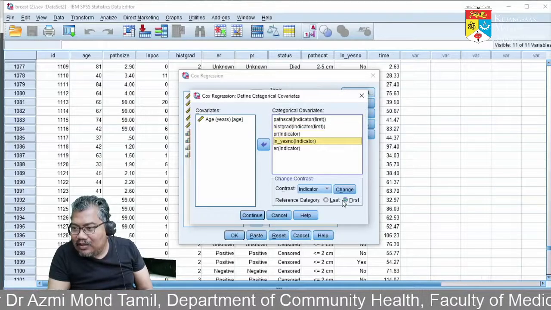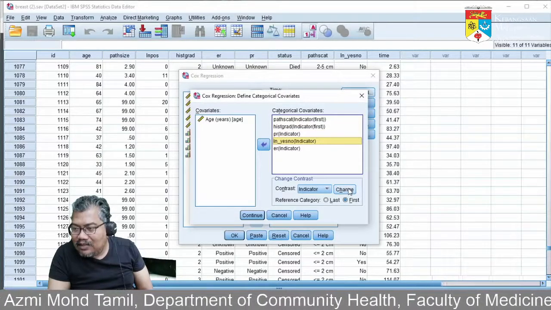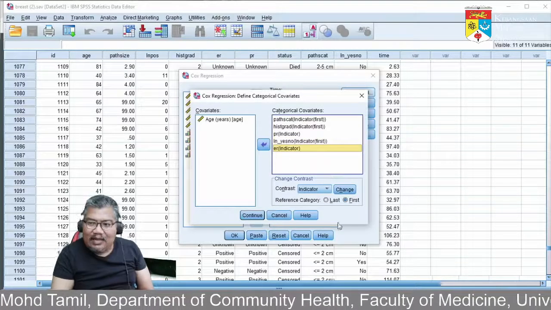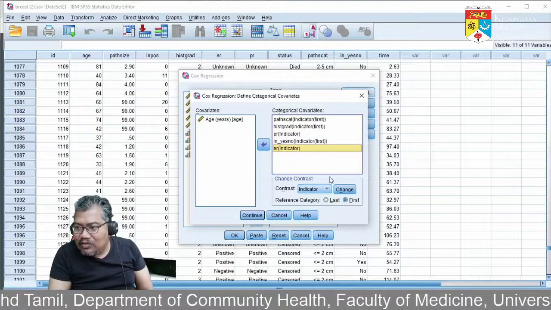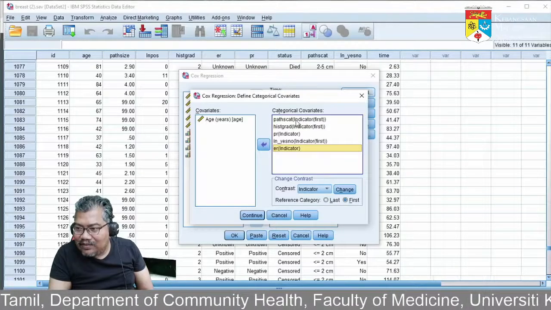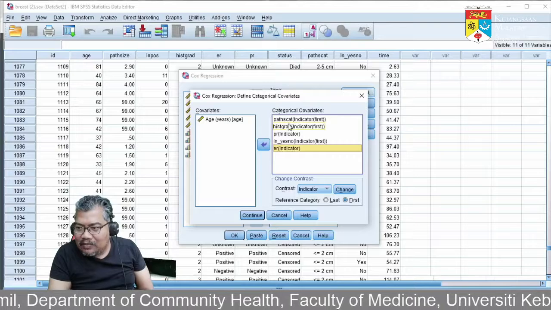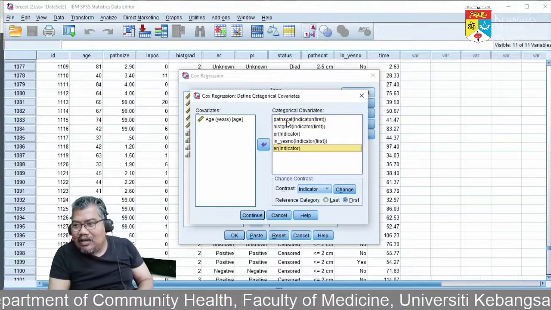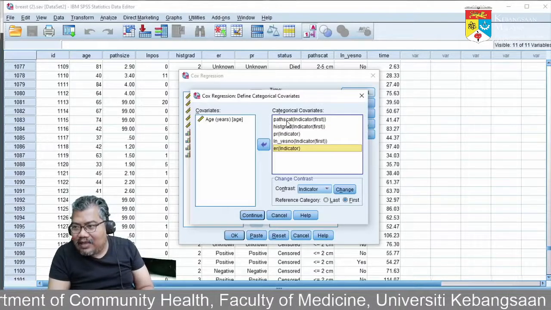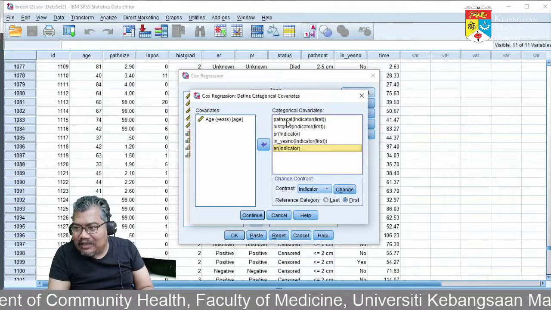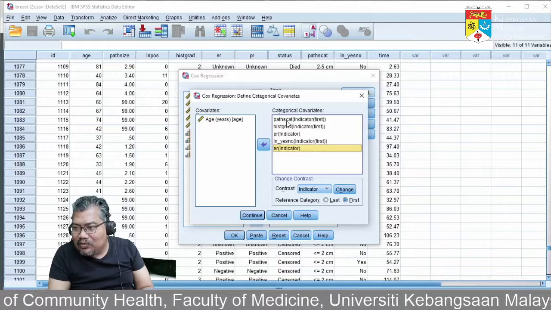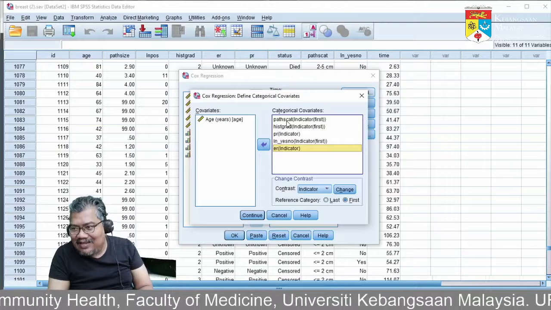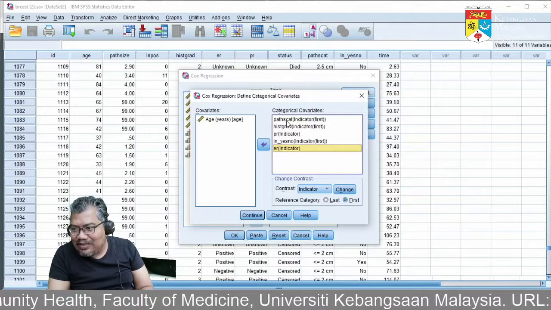Yes or no, negative is first. ER is last. So we set it like that. For the pathological category, that is the tumor size. The smaller size is coded as less than 2 cm. So, less than 2 cm.